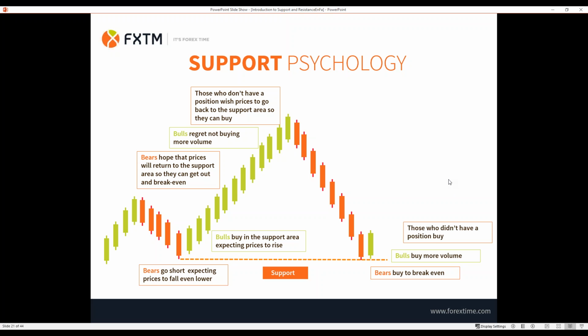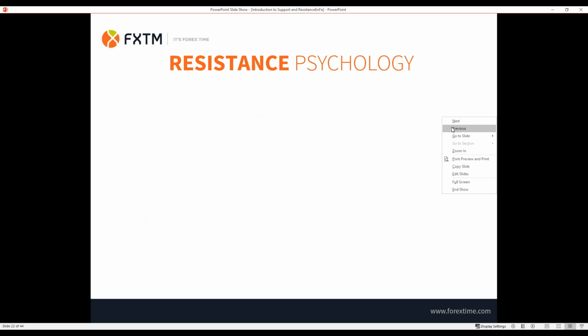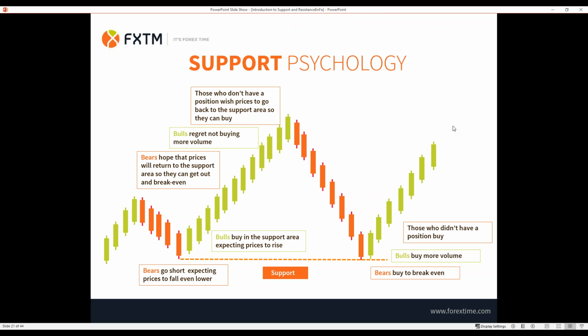And then you have those people who didn't have a position, and they buy as well. So what happens when the market hits this support level? The prices bounce up. Okay, guys, so this is the psychology behind support.